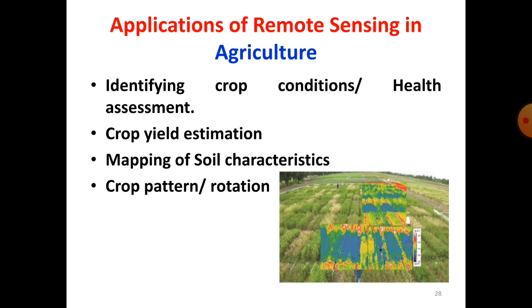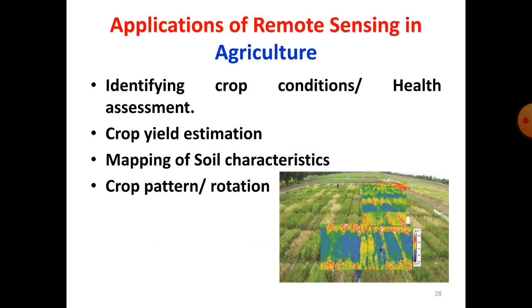The next field in which remote sensing finds its applications is agriculture. A widely used technology in agriculture is remote sensing. It is because we can easily identify the conditions of the crops. The health assessment of the crops can be done.